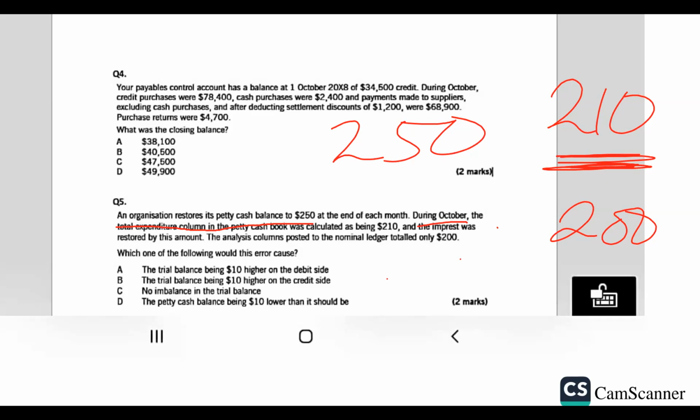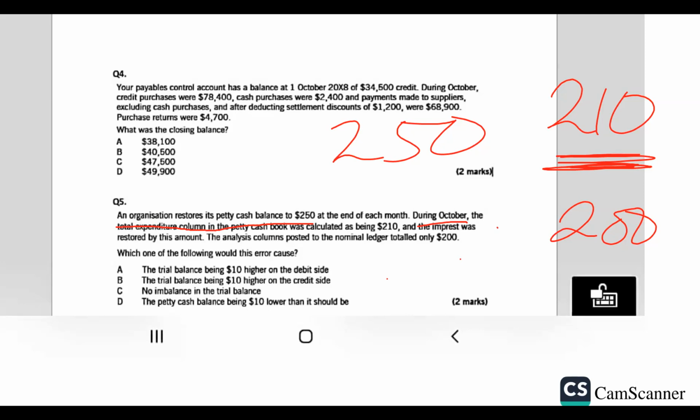I think it is an undercast of $10. Okay. There will be an undercast of $10. What do you mean? Because what's supposed to happen is that, as she explained, that amount every month is supposed to be restored to 210.